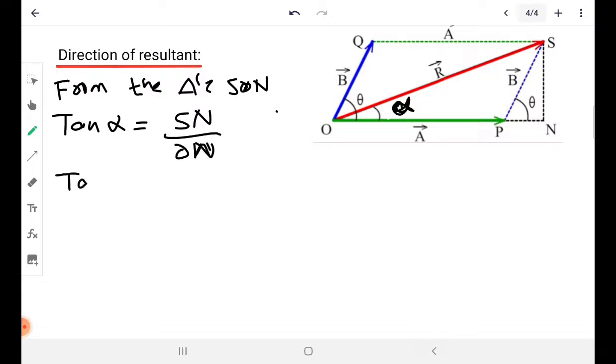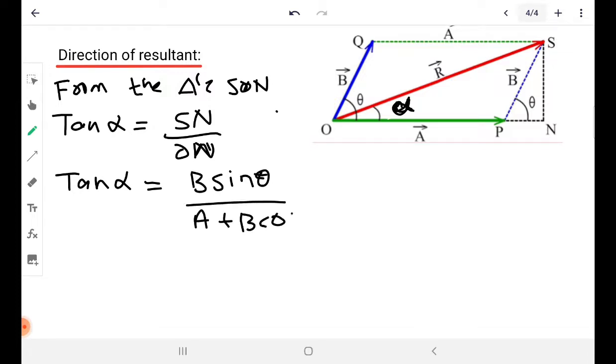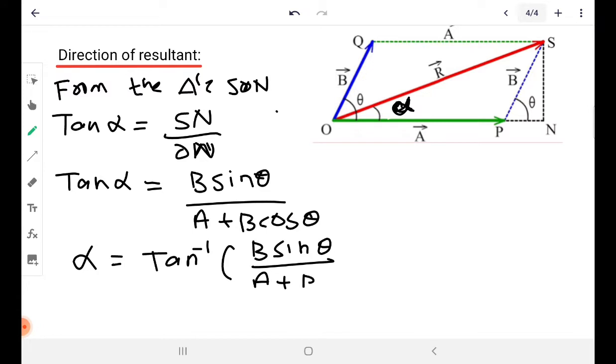So now tan alpha is equal to, SN value we know already, B sin theta, and ON value is A plus B cos theta. So now the value of alpha is given by alpha is equal to tan inverse of B sin theta by A plus B cos theta.